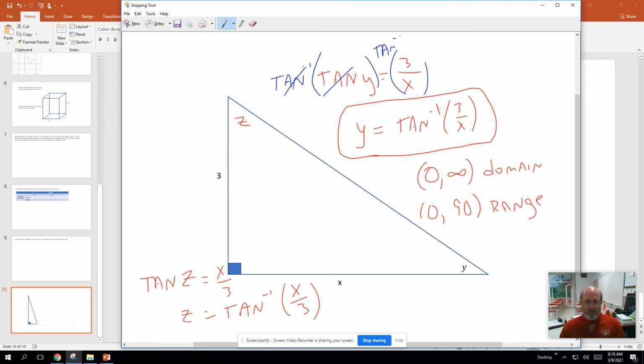So when you're dealing with a triangle and you're looking to find a function that gives you the angle inside a triangle, you write a trig relationship. If we wanted to find the hypotenuse, we'll do that in the next video. This is for finding the angles. So this is how we write a function, finding the angles of the triangle when we let one leg vary and we fix another leg.